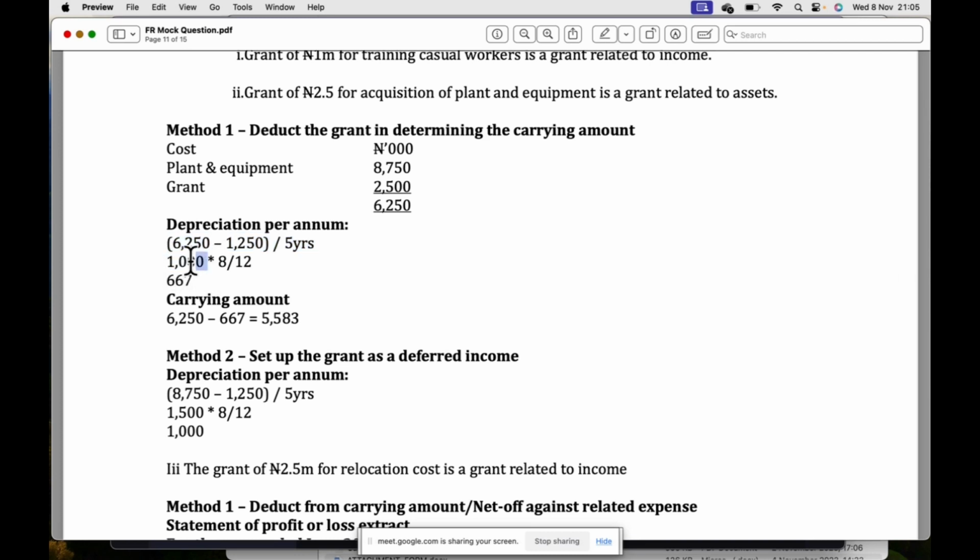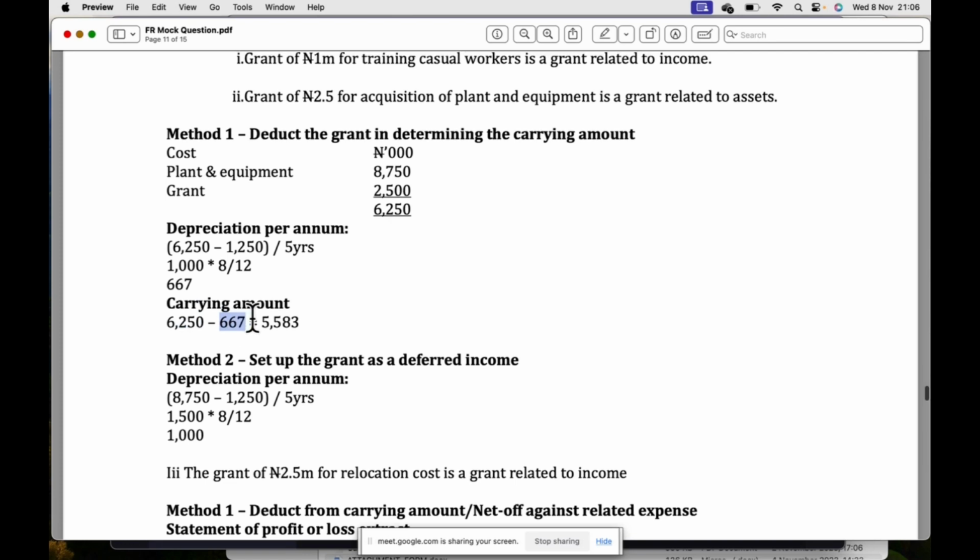A lot of students stopped here. They did not prorate it by 8 months. You're supposed to prorate it since the asset was acquired during the year. That gave us depreciation of 667. My carrying amount is the cost minus the depreciation, which gives me 5,583. And this is method one.